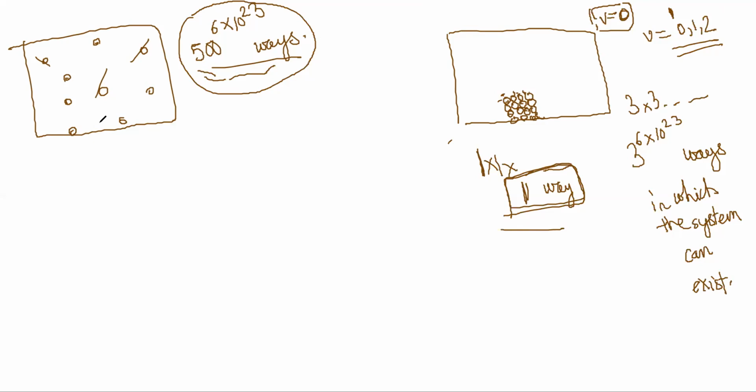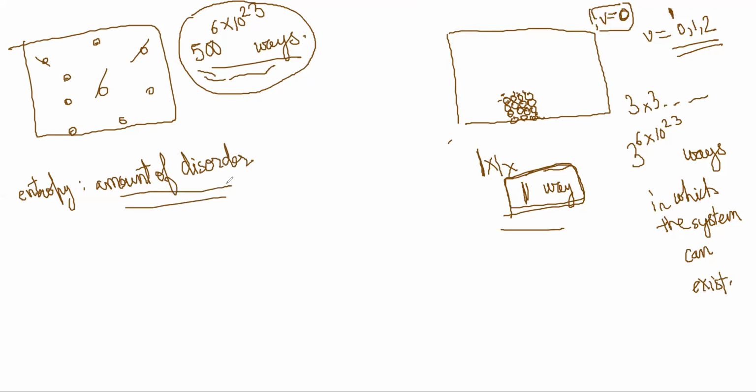Now, entropy measures the amount of disorder. Amount of disorder means how much chaos is there or how much lack of rules there is. So this, with so many possible ways, means large entropy, large disorder, because the system can be in any possible state, it's completely free, it has so many options.